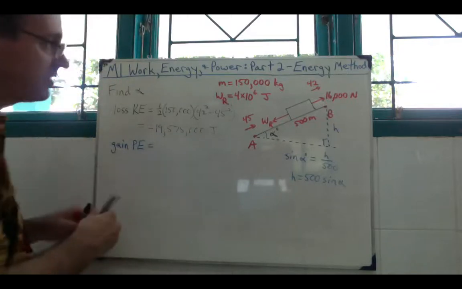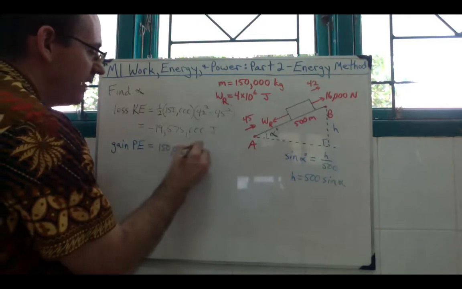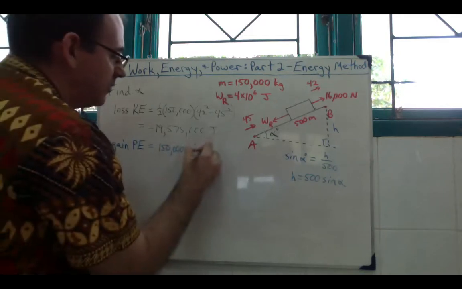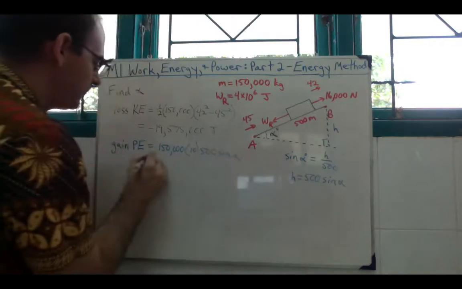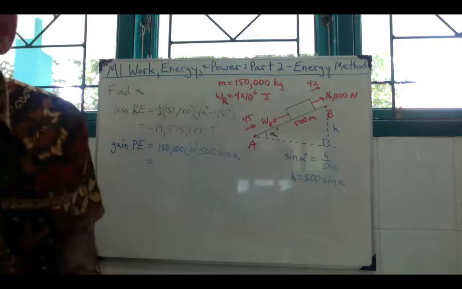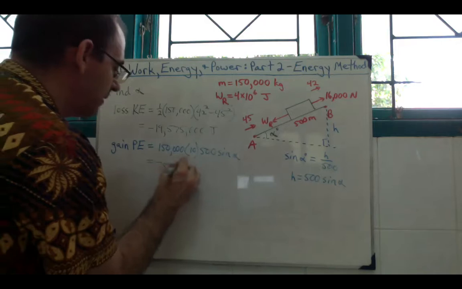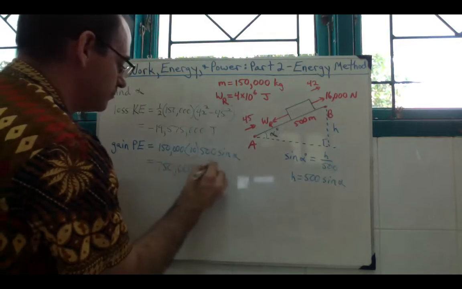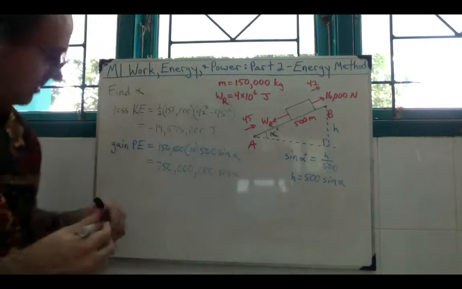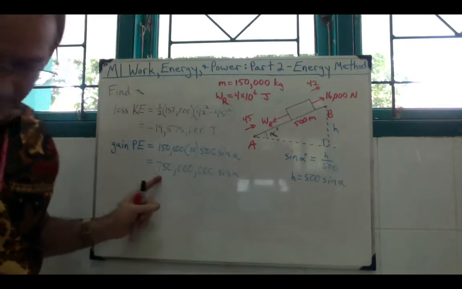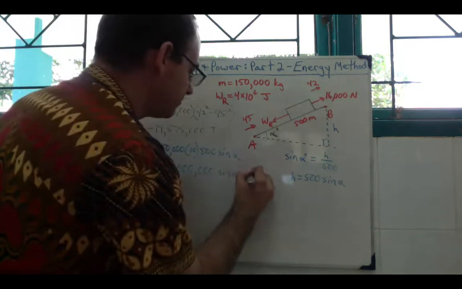So PE is mass, 150,000, times gravity, 10, times our height, 500 sine alpha, which when we calculate is 750 million sine alpha joules.